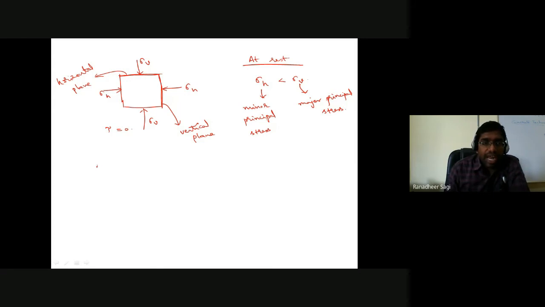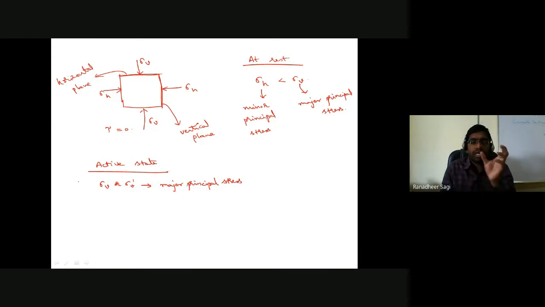And in the case of active state, which is my major principal stress? Major principal stress is still your sigma V, or sigma V dash is your major principal stress. Because when I am looking at the state of stress acting on the soil element at which the soil is failing, sigma V dash value is higher than that of your sigma H dash.